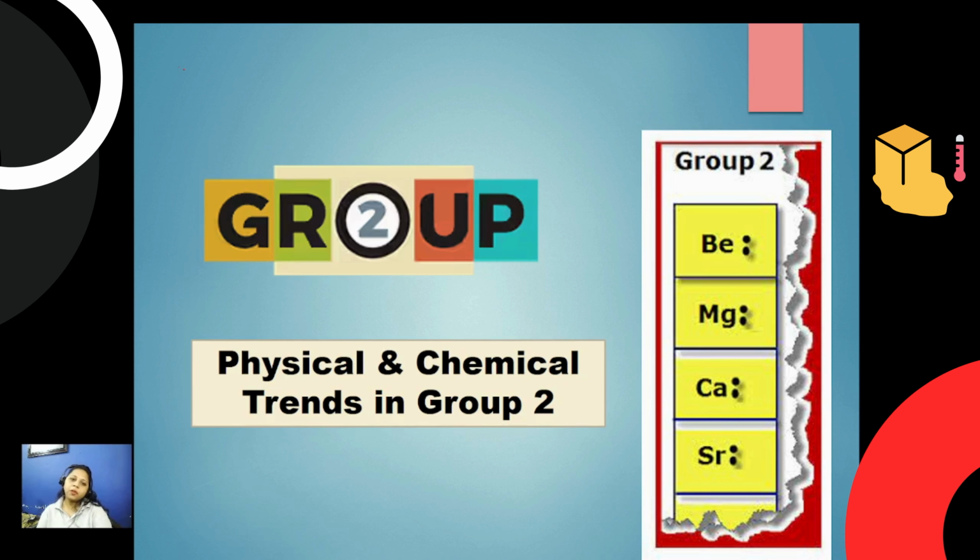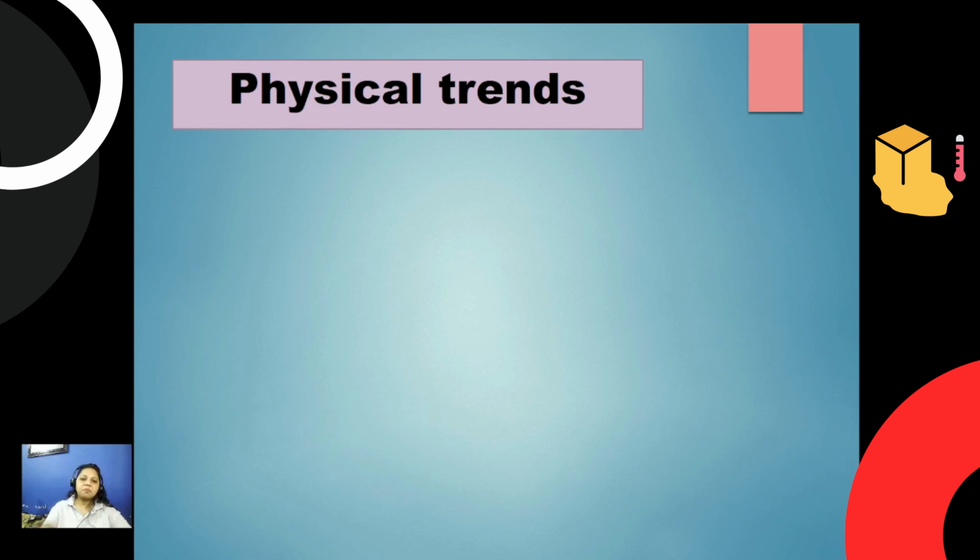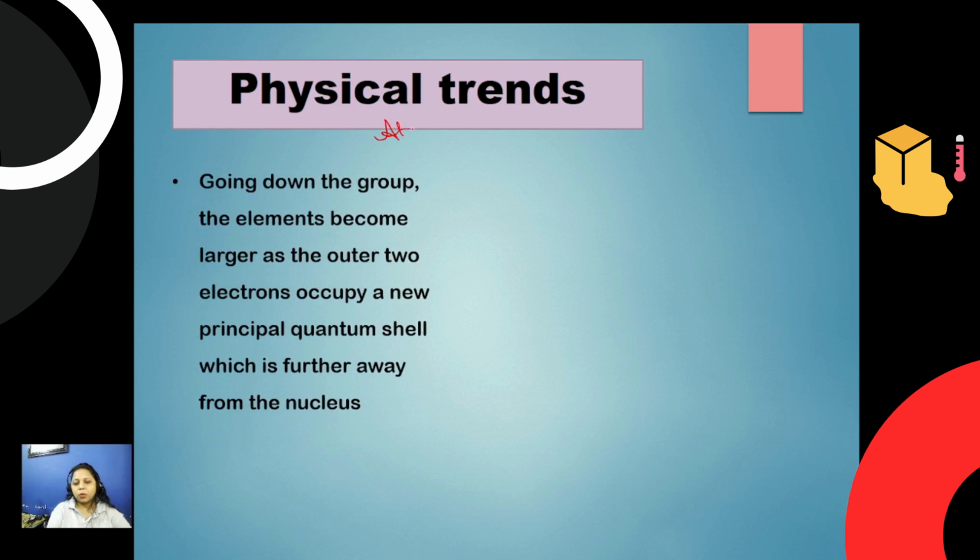So the very first physical property is the atomic size. Simple. When we talk about atomic size, we talk about the size of an atom. Now, when we move down the group, you must know what the periods in the periodic table represent.